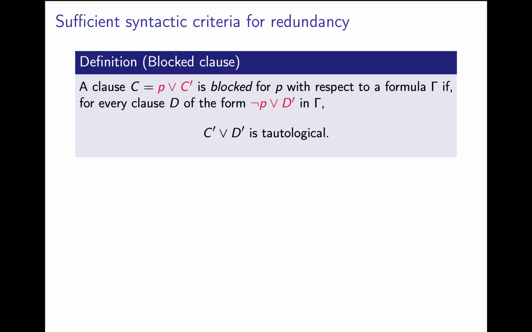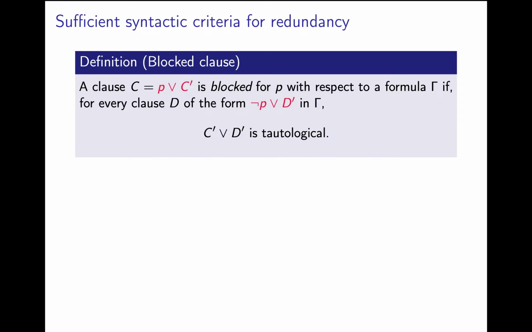To keep things simple in a talk, I will actually define only the simplest redundancy criterion. The rest of them are various relaxations of the definition that we are now looking at, which is the notion of a blocked clause. Now, let P be a literal.